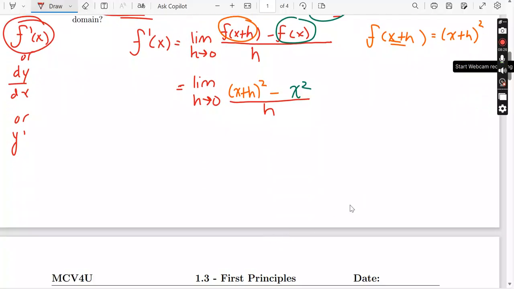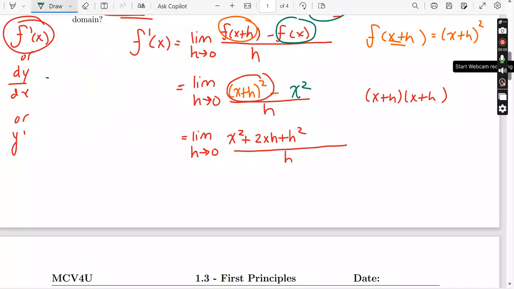Now, expanding this, x plus h times x plus h, expanding it will give us x squared plus xh plus xh. So in other words, 2xh plus h squared.